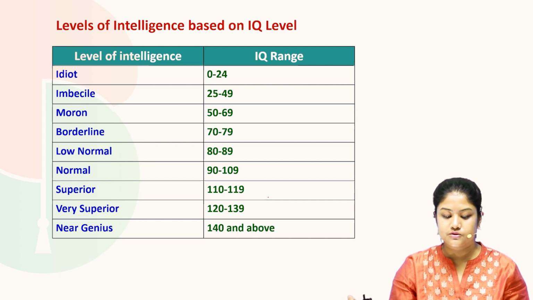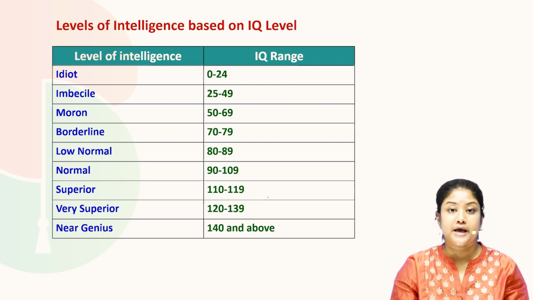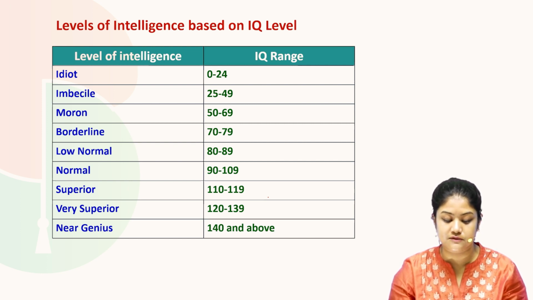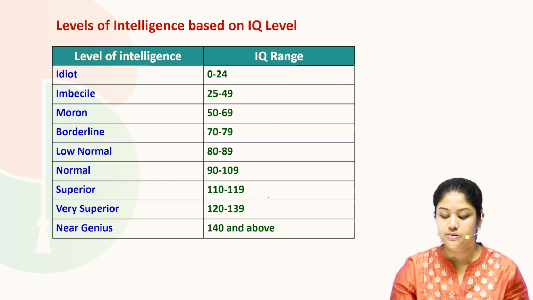Many of us get panicked by looking at the table, because there are so many levels of intelligence given that we may be confused about which IQ range is to be taken.